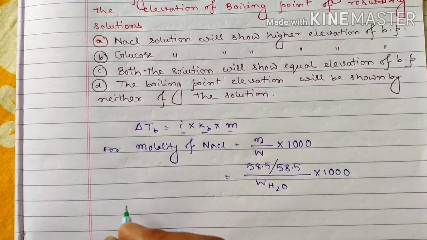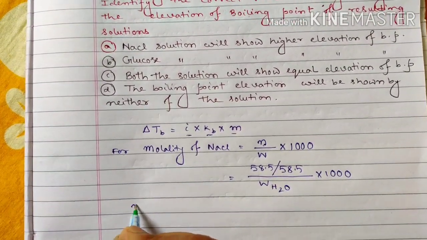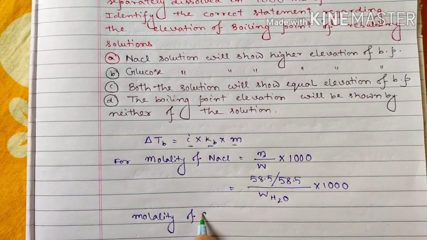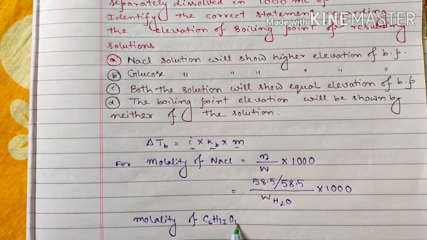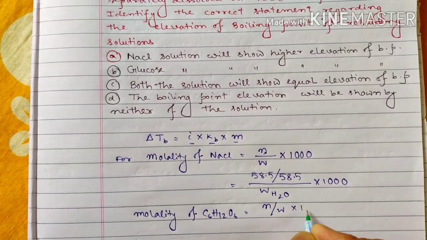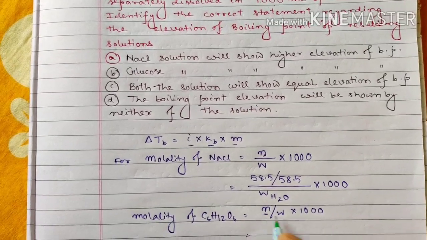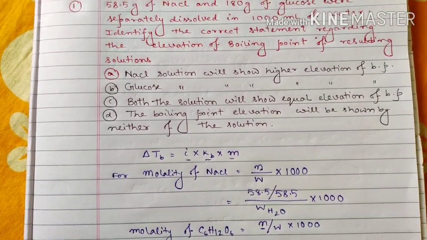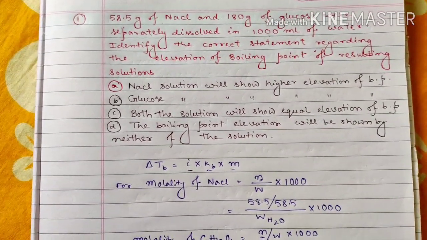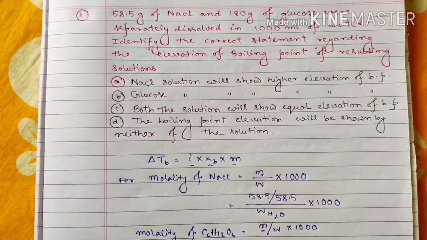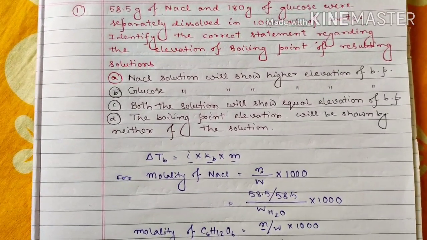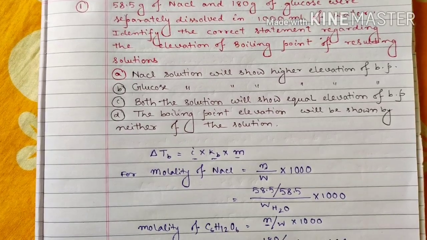Similarly, if we want to calculate the molality of glucose, here also it is n by W into 1000. Now n, the given mass of glucose, is 180 gram. So it is 180 divided by 180, by W of water, into 1000.